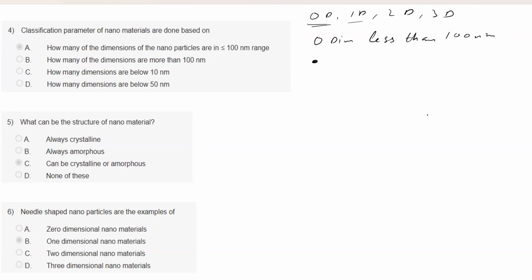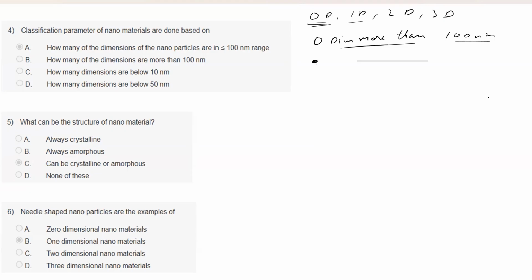For 1D, only the length is more than 100 nanometers. So for 0D, all dimensions are less than 100 nanometers; it's one dot.